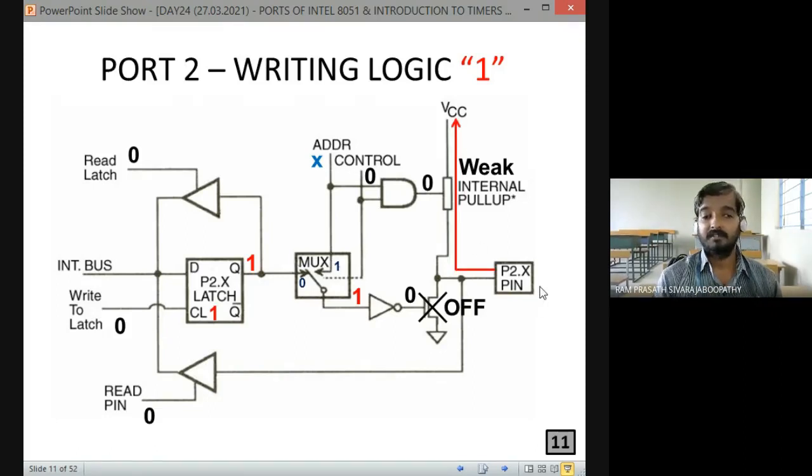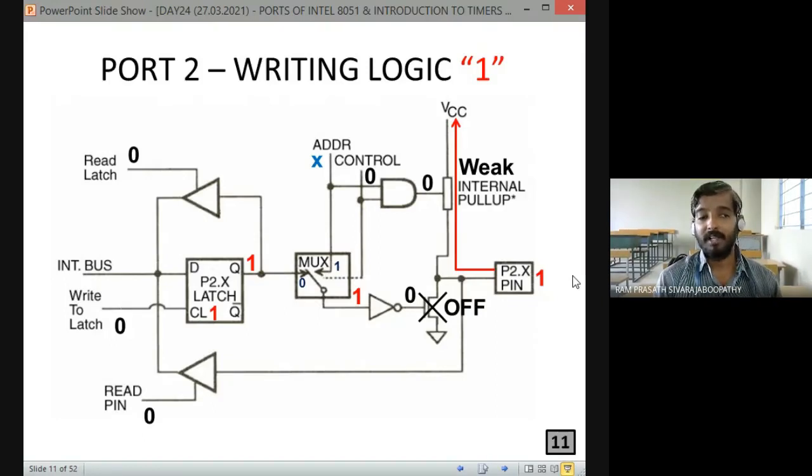Yes, that's all. In some applications, if you are working with port 2, it is going to deliver only a small current. The voltage logic will be there, logic one, but it cannot drive the device. Generally, we have to provide an external power supply for the devices you are interfacing.